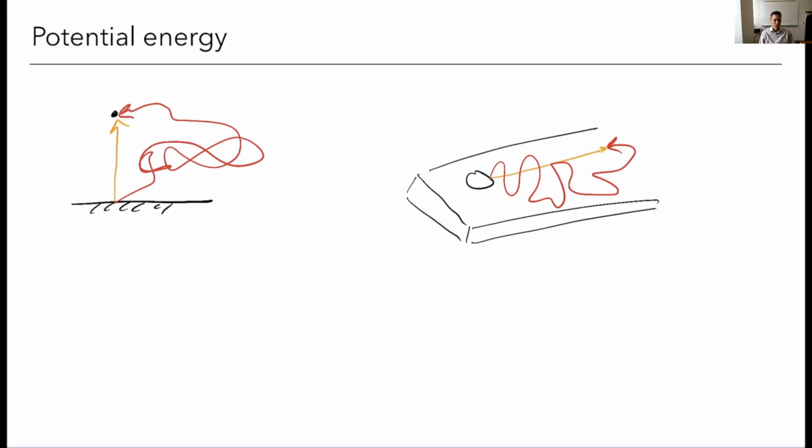Okay, so gravity, of course, as we said, is conservative. This is a conservative case. So it doesn't matter how I got there. It's going to give me the same potential energy.